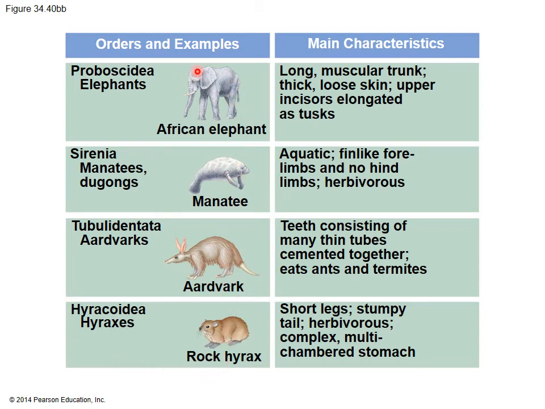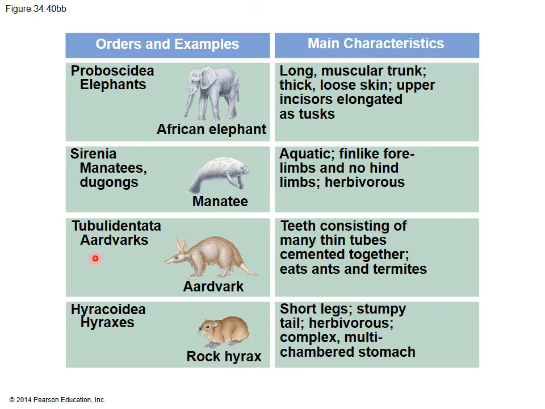Well, you don't see elephants all over the place, but you do see manatees in North America, for example. Proboscis, that means nose. So your elephants, of course, have the trunk, tusks. Your manatees, they live in the water, right? They're the subject of a commercial that's been going around, but you can see these in aquariums and so forth.